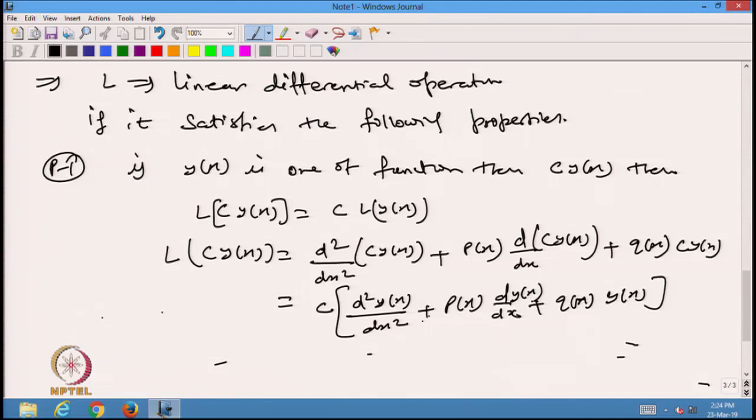Here is the y(x). So, this is again the same as C times L of y(x). So, the first property is satisfied.